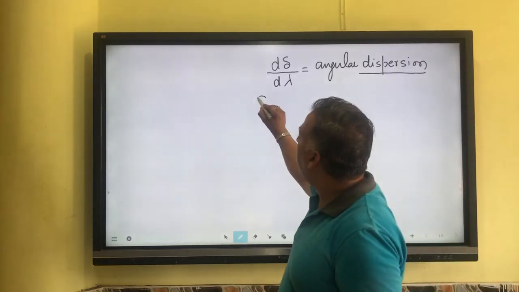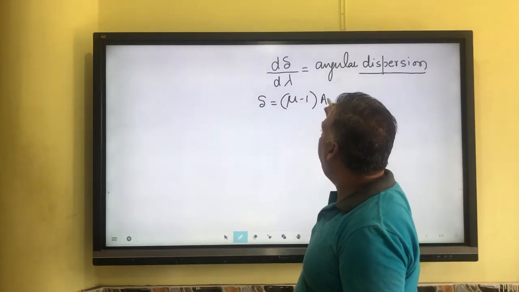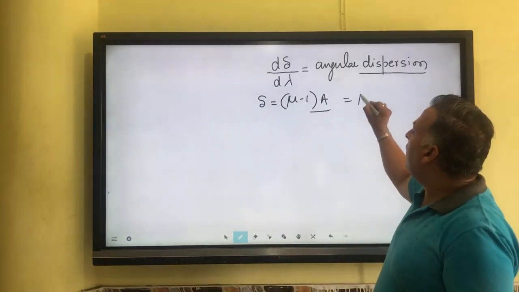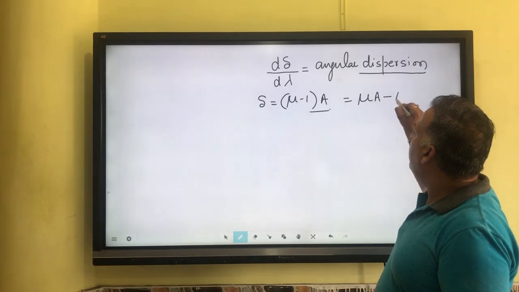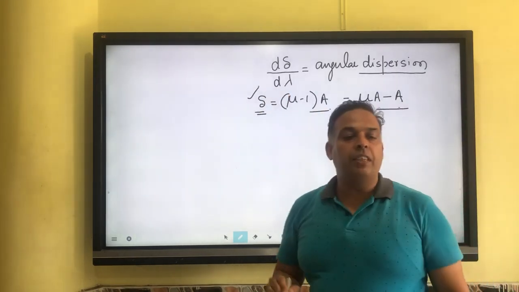The deviation is (mu minus 1) into A, or you can write it as mu into A minus A, which is the angle of deviation.